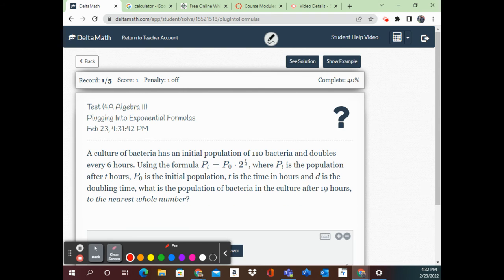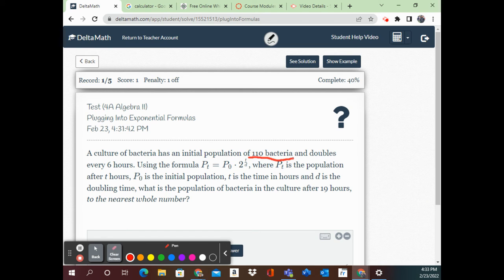All right, now this is the other type of problem we encountered. Last one, we had the equation V equals P e^(rt). This one now we have P_t equals P_0 times 2 to the t over d. The question says a culture of bacteria has an initial population of 110 bacteria and doubles every 6 hours. So that's important for us to understand.